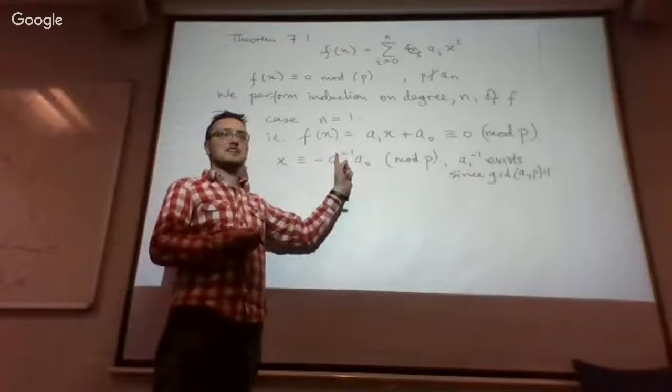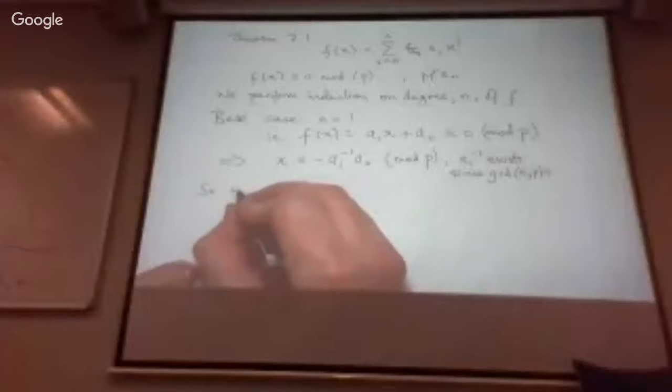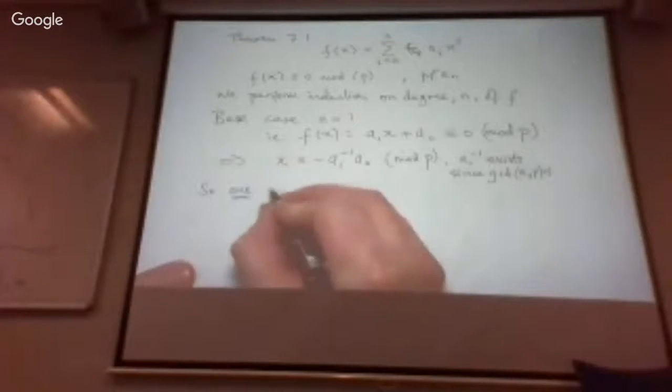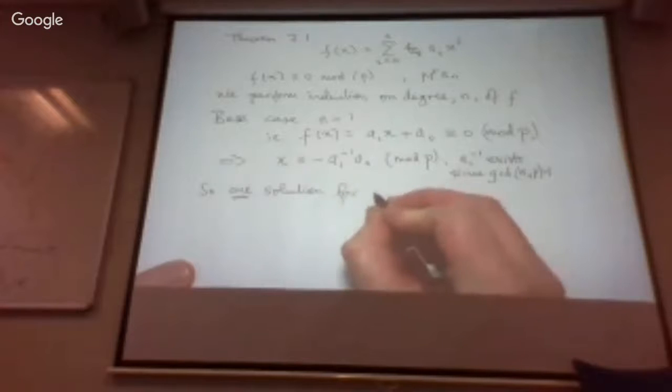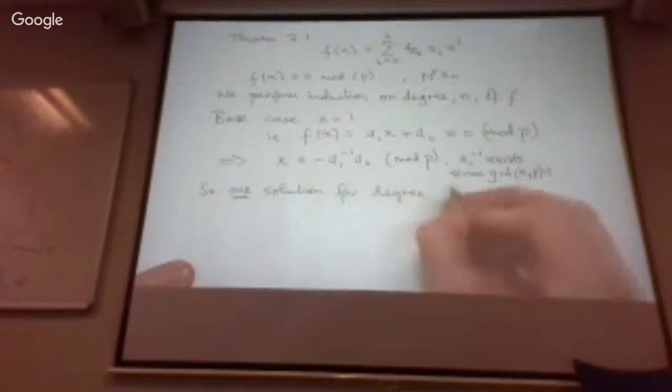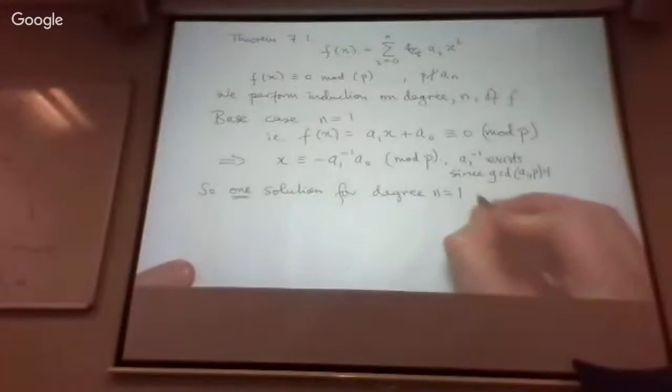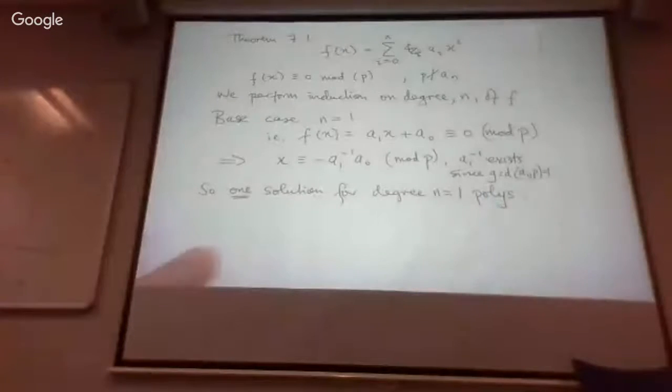So it's just a single congruence class modulo p. So one solution for degree n equals 1 polys. So the theorem is true. So the base case of our induction proof is true.